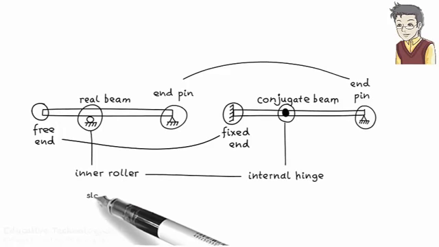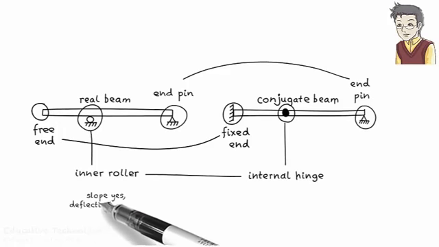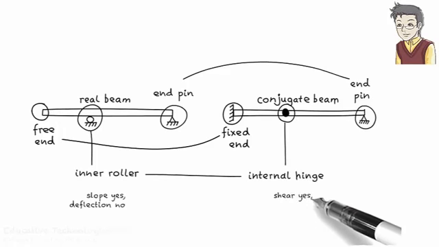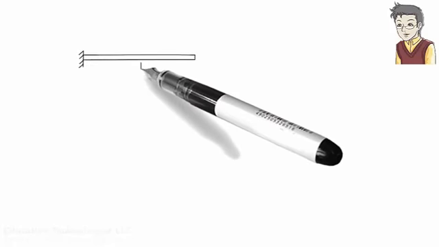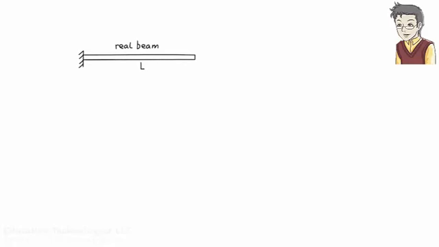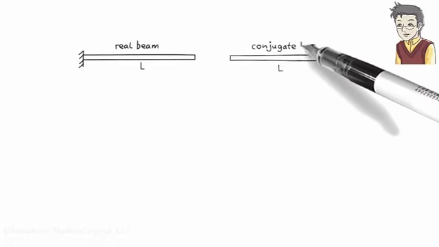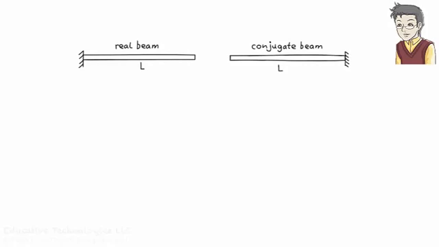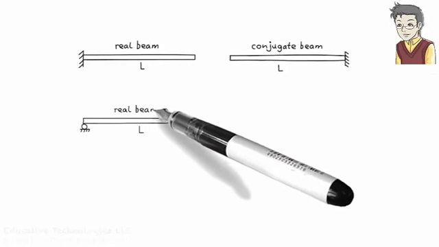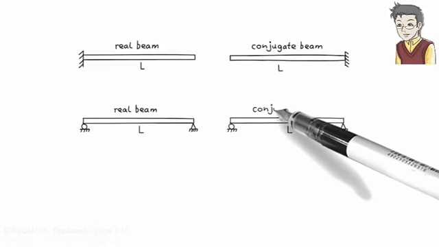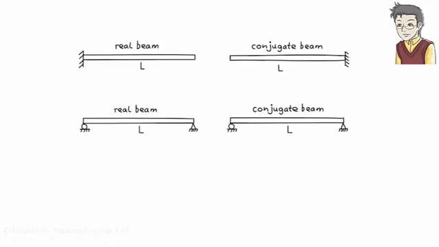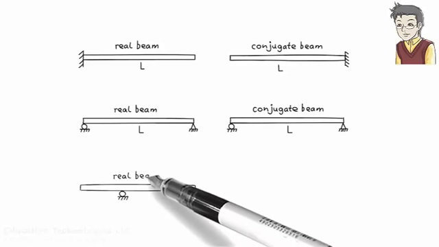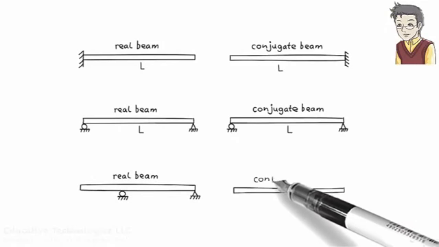This is the case because such a hinge forces bending moment to vanish, but permits shear to be developed at that point. In summary, if this is the real beam, then the conjugate beam should look like this. Or if this is the real beam, then this would be the conjugate beam. For this real beam, we should use this conjugate beam.